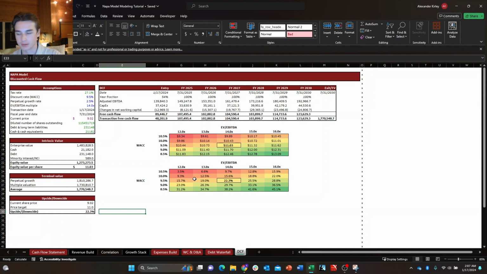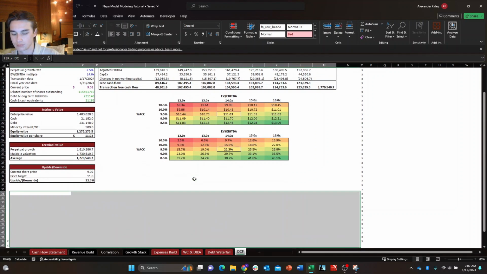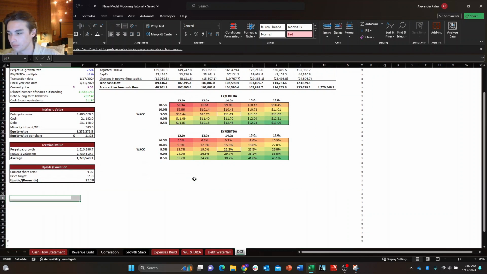Now what I want to do is go beyond this and into EPS as well as other metrics that are extremely important. So we'll come over here and we'll figure that out.